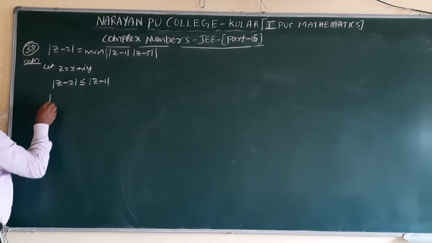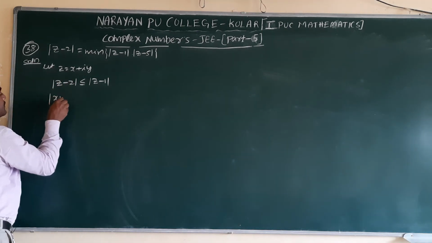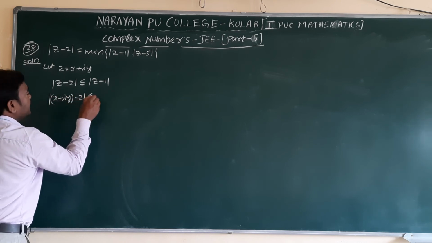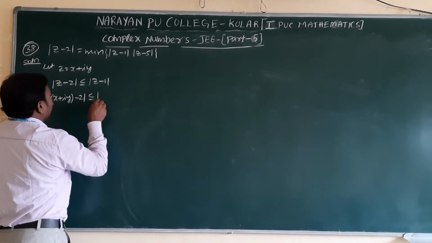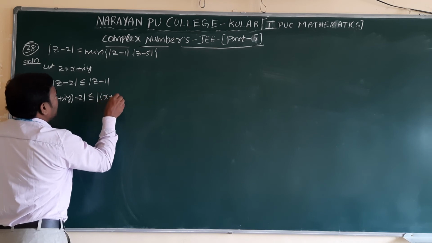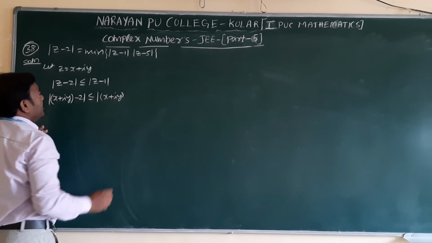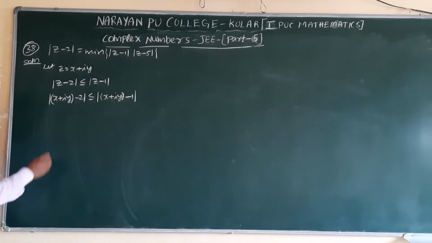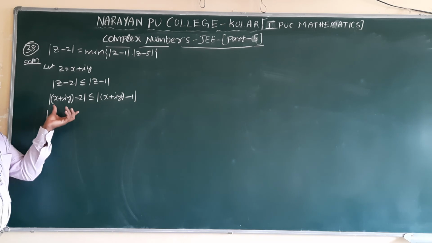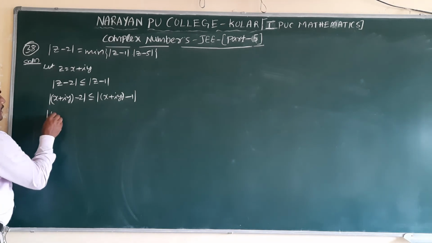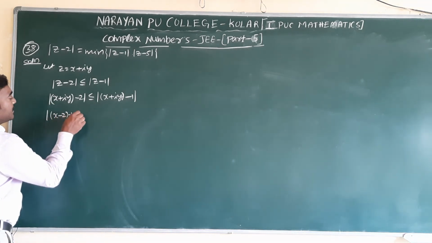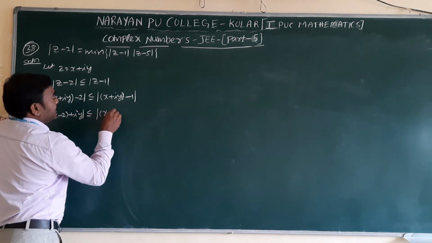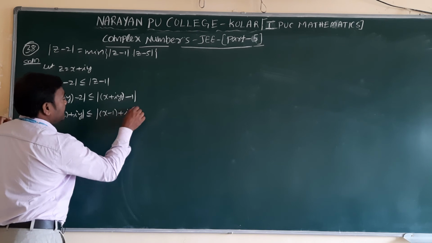Now, modulus of z value x plus iy minus 2 is less than or equal to modulus of x plus iy minus 1. Now here, I am splitting real and imaginary parts. Modulus of x minus 2 plus iy is less than or equal to modulus of x minus 1 plus iy.